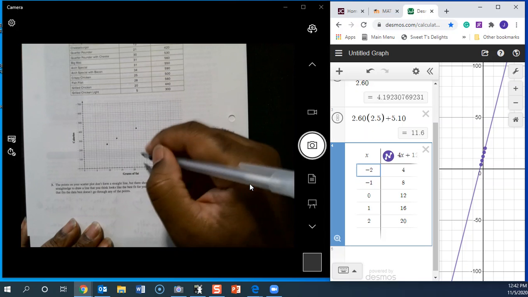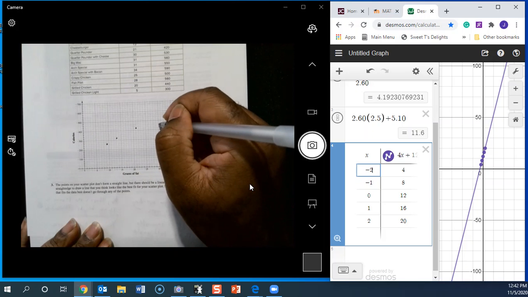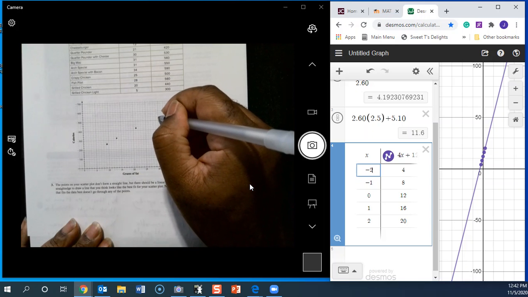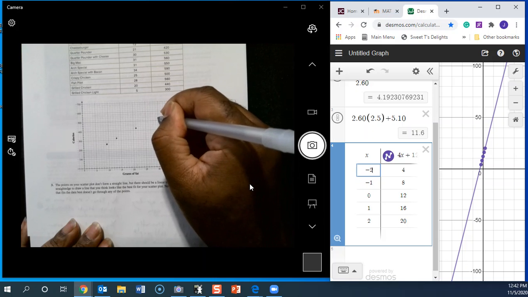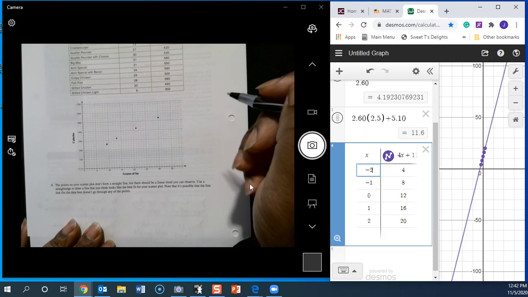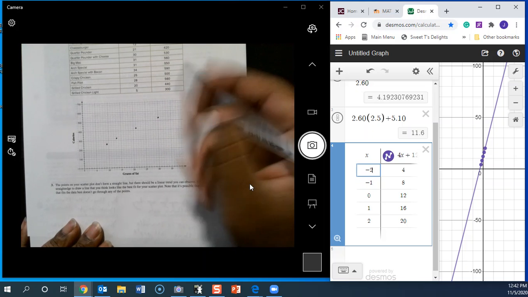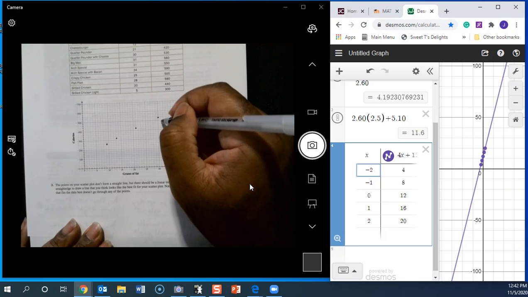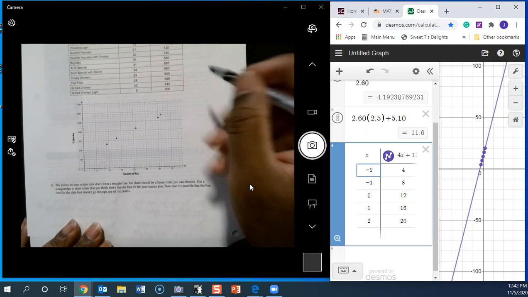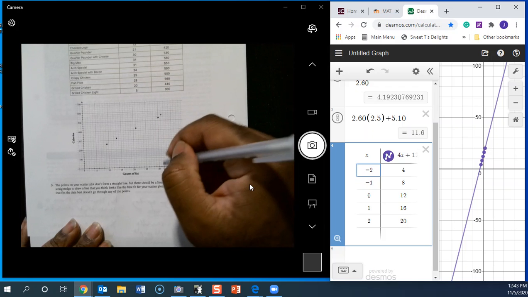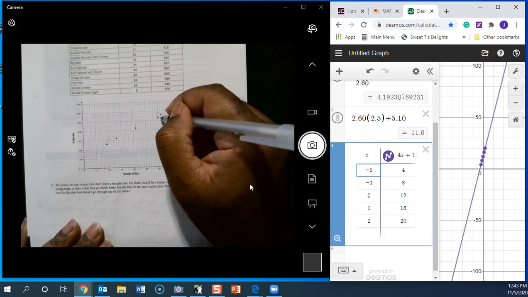Then we have 30 and 530. That'll be in between 520 and 540, like real close to the middle. 31 and 560. 31 and 550.